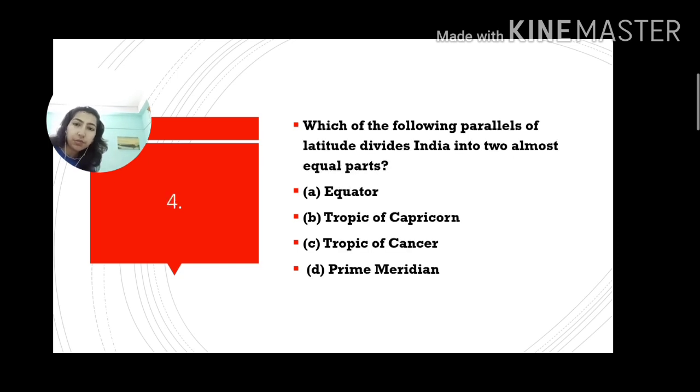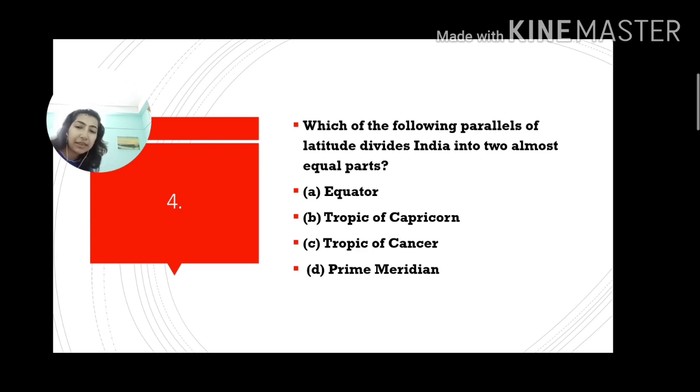Question number 4. Which of the following parallels of latitude divides India into two almost equal parts? So which parallel of latitude crosses India and divides India into two equal parts? We discussed it in the chapter that I made a video on. So is it option A, equator, option B, Tropic of Capricorn, or Tropic of Cancer, or the prime meridian?